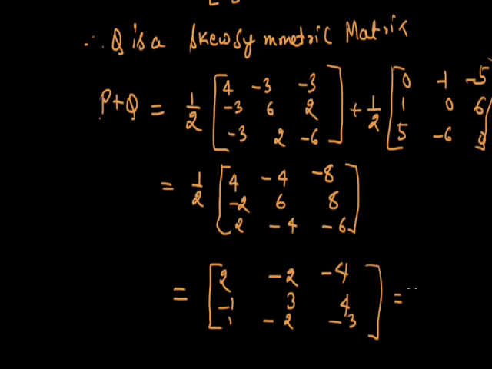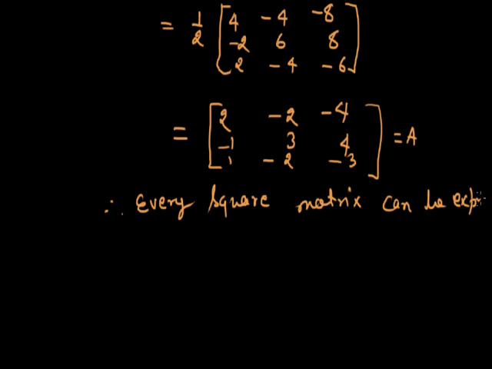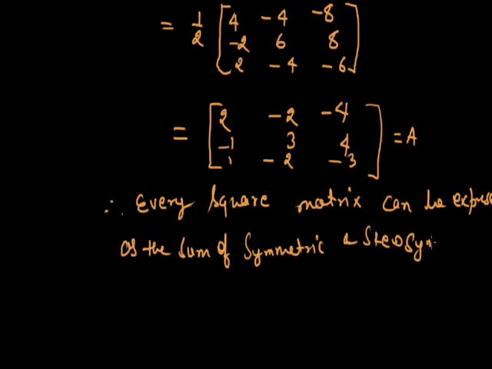Now this is equal to A. Therefore every square matrix can be expressed as the sum of a symmetric and a skew symmetric matrix.